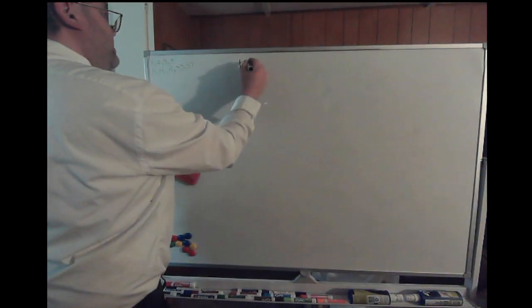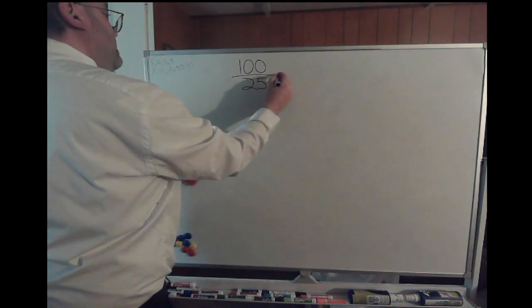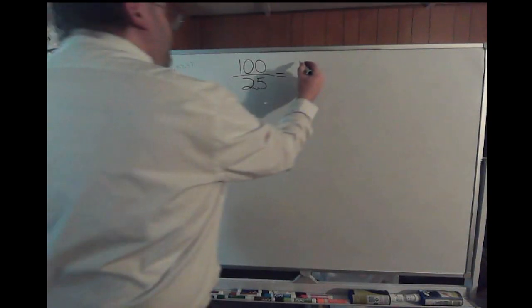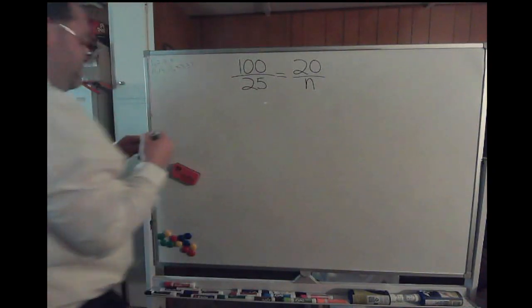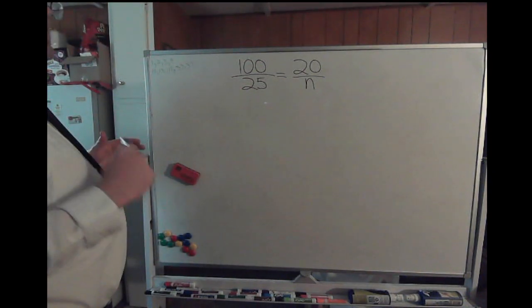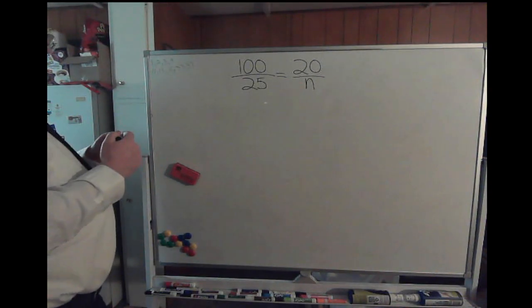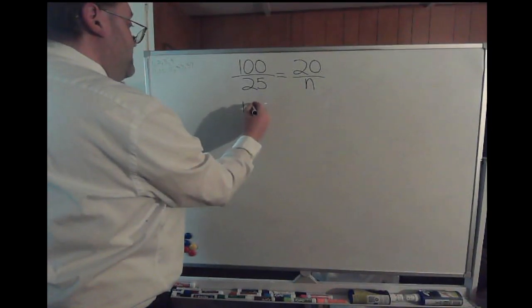I got 2 more. Alright, what's this problem here? Alright, 100 is to 25. 100 over 25 is equal to 20 over n. Alright, so we have that variable, that unknown number n. We need to find what that is to make this proportional. So again, you'll do the cross product. You'll take the 100 times n, which would just be 100n.